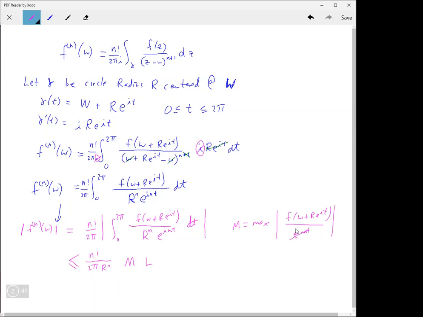This is just going to be 1 because this is always 1 in modulus, right? And then the L is the length of the interval, which is 2 pi.